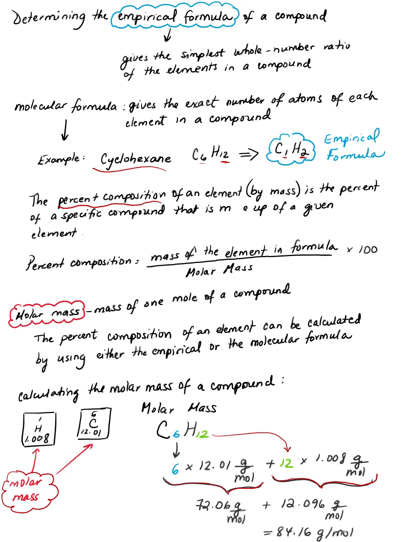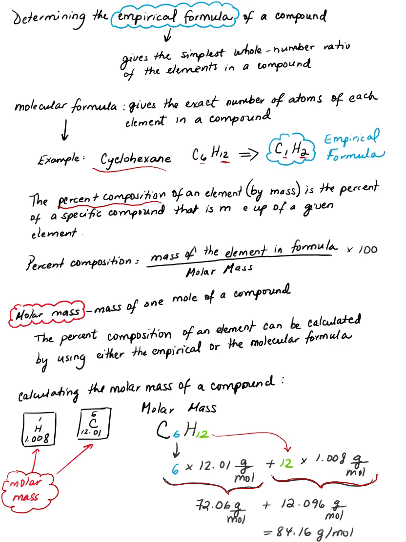When you solve the part for carbon, and you will see why I'm solving both separately, 6 times 12.01 gives you 72.06 grams per mole. When you do 12 times 1.008, that's how you get 12.095 grams per mole.